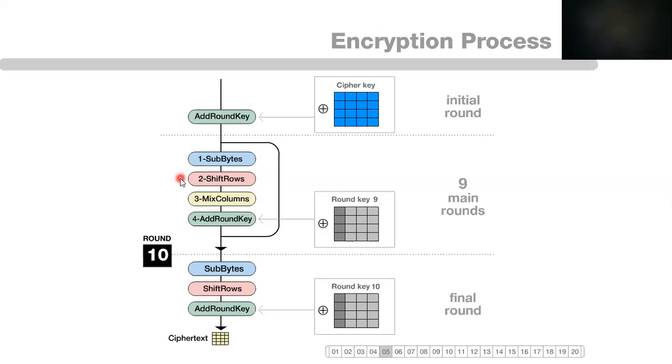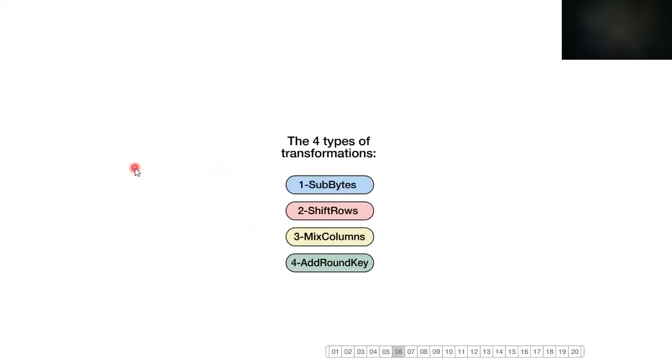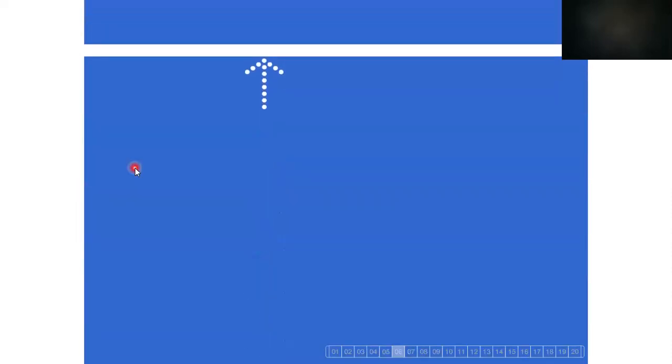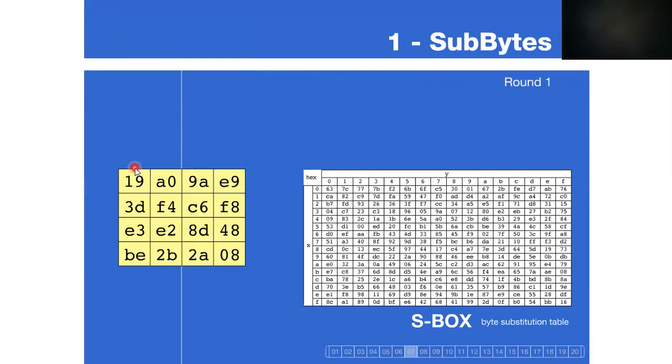And let us start with how these four transformations will work in AES. We are more or less familiar with these, like how individually these will work. Sub-byte transformation.